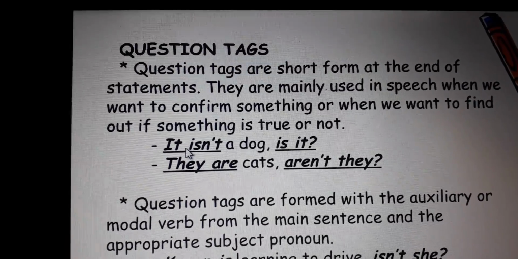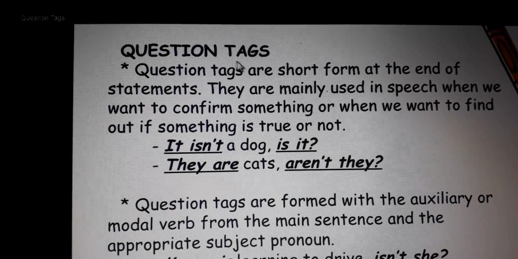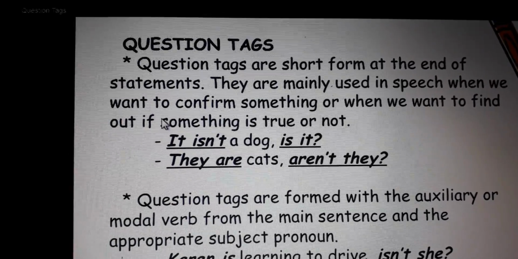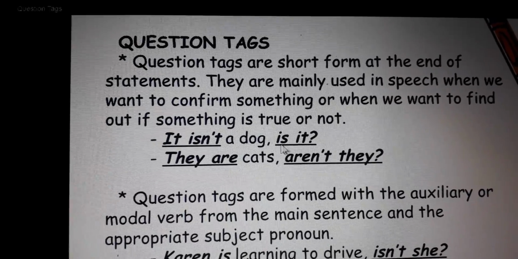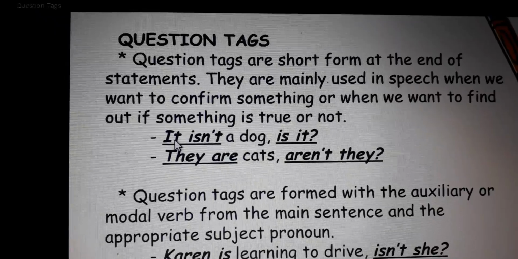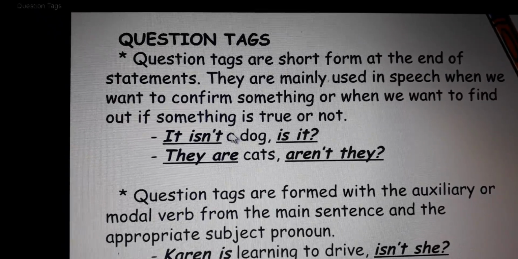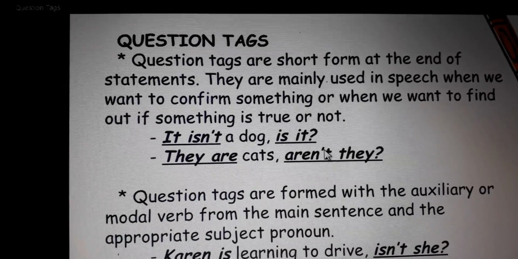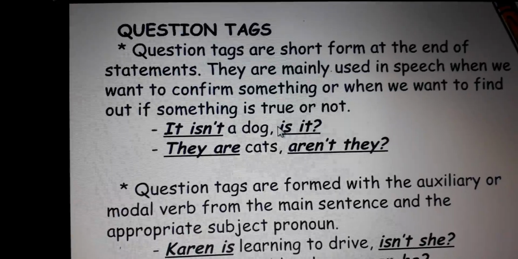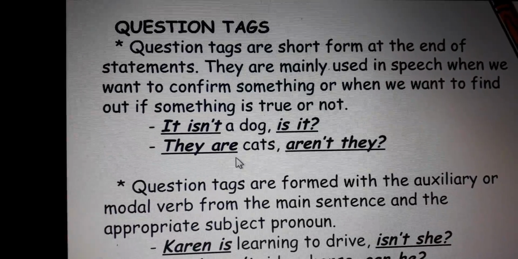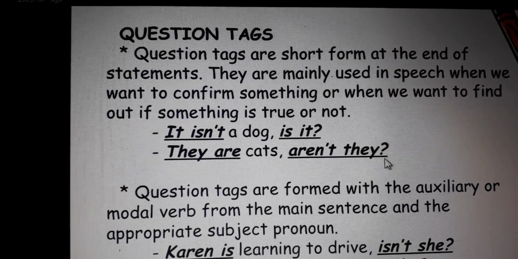Under that category we have question tags also, because these are also questions. So here, it is not a dog. The question tag will be is it, with a question mark. This question tag is confirming whether this statement is correct or wrong. They are cats, aren't they, with a question mark.